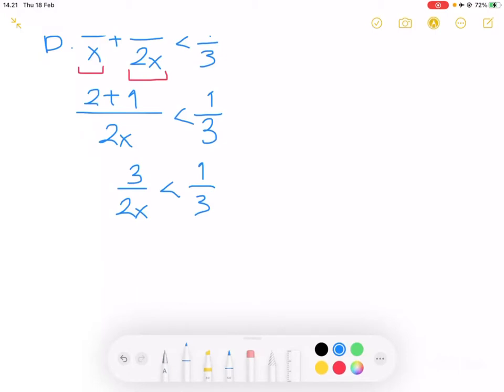Cross multiplying is valid in solving inequalities, so don't get too worried about that. This will be 9 is less than 2x, which means 9 over 2 is less than x, or x is greater than 9 over 2.